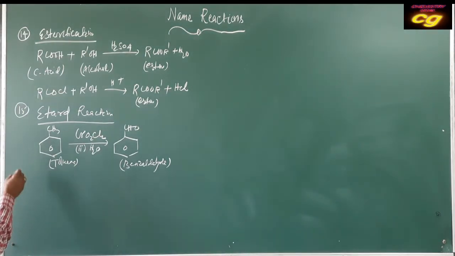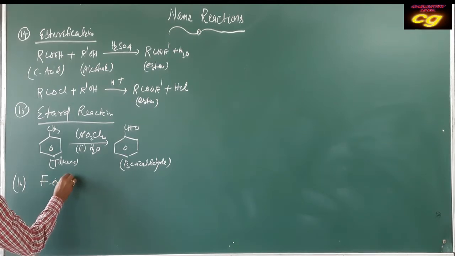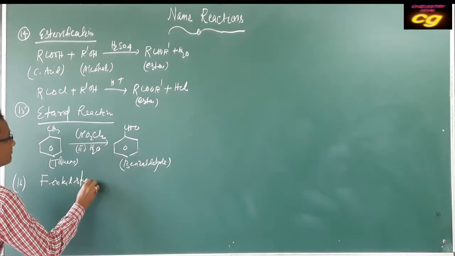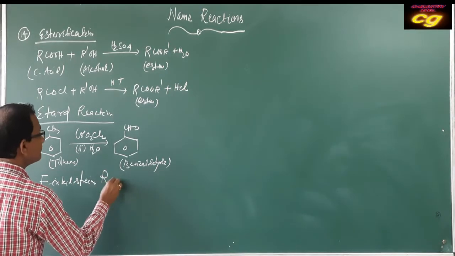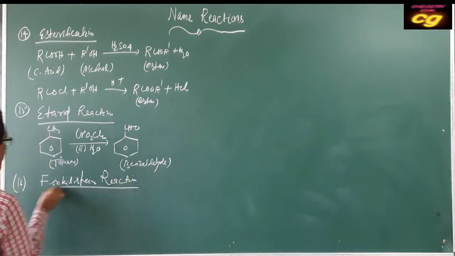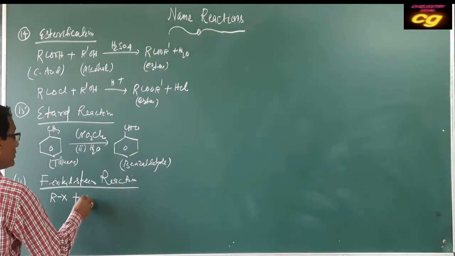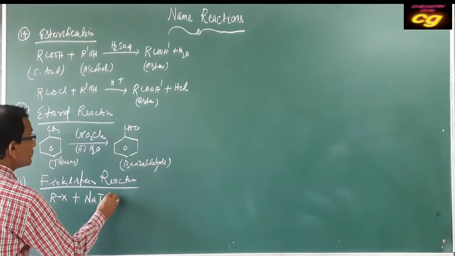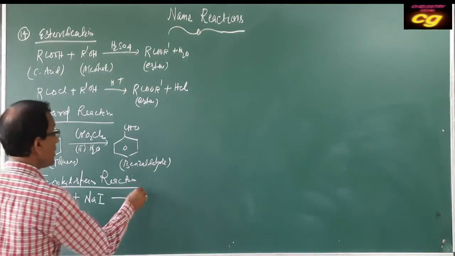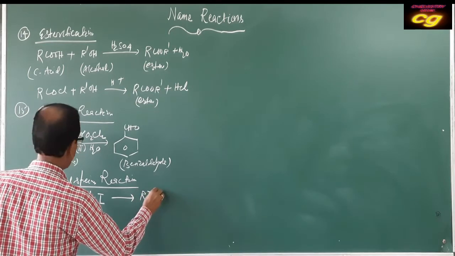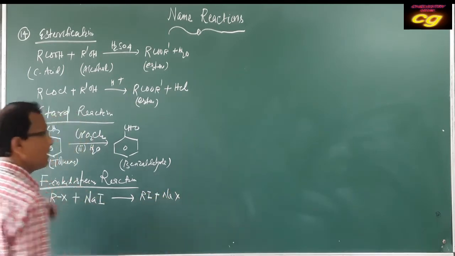Next is the Finkelstein reaction. In Finkelstein reaction, what happens? Your haloalkane RX reacts with sodium iodide, producing RI plus sodium halide.